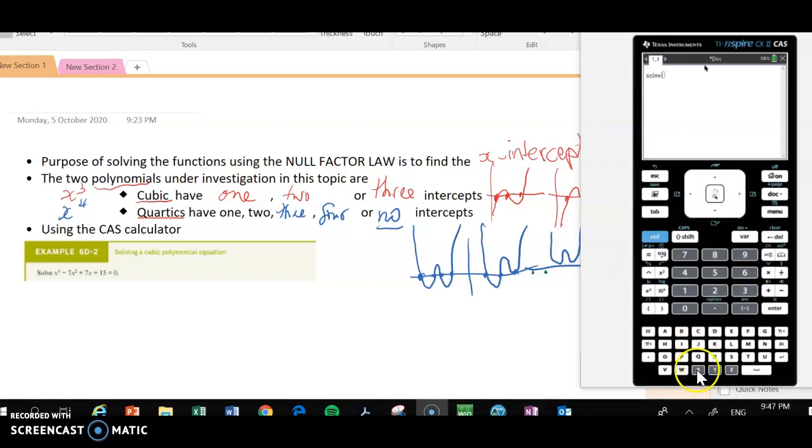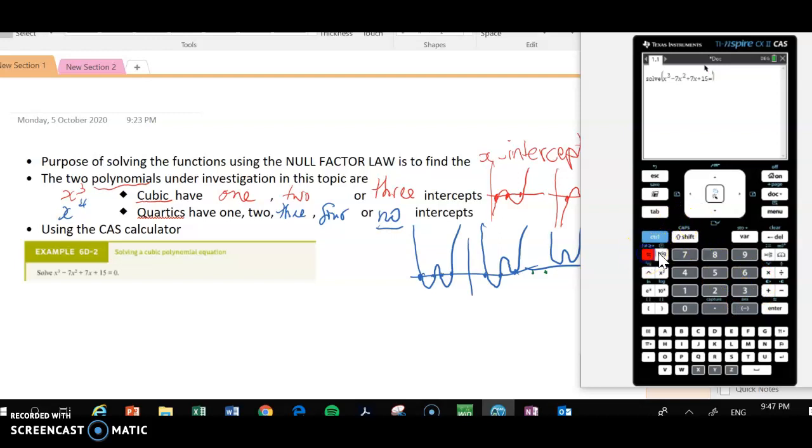So we have solve for x cubed, that's the caret to the power of 3. Cursor across so we can do minus 7x squared plus 7x, and finally plus 15 equals 0.